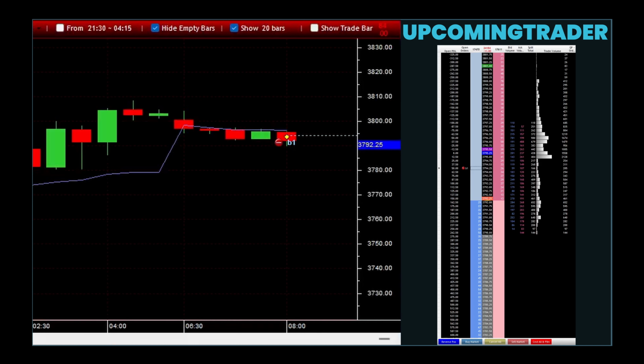Lastly, if this pattern forms near a significant Fibonacci retracement level, such as the 50% or 61.8% levels, it adds another layer of support, increasing the confidence in the bullish signal.